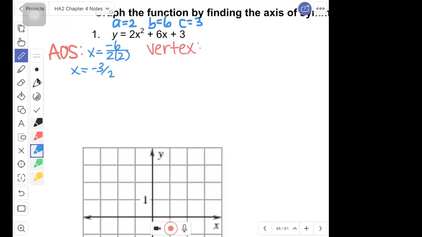Lacey, can you tell me how you got the vertex? So I just put the -1.5 into the equation as x, and then I ended up with -1.5 again. Awesome.